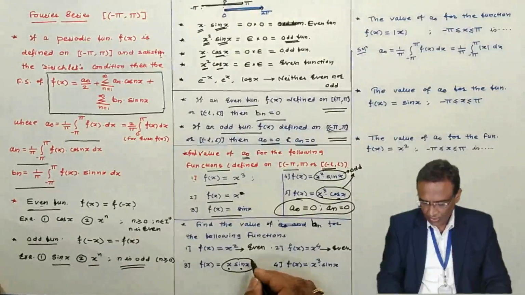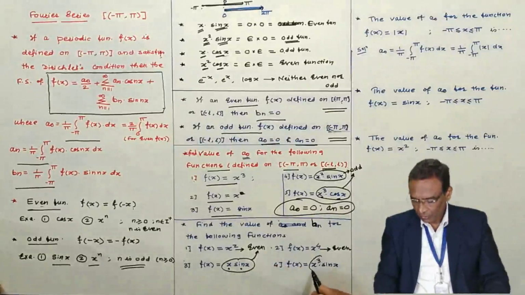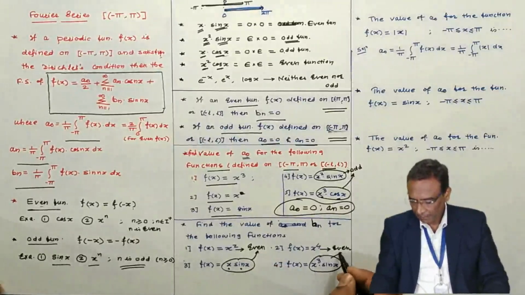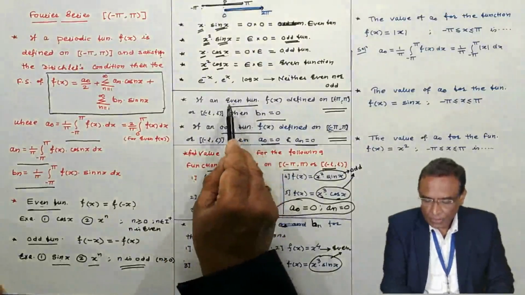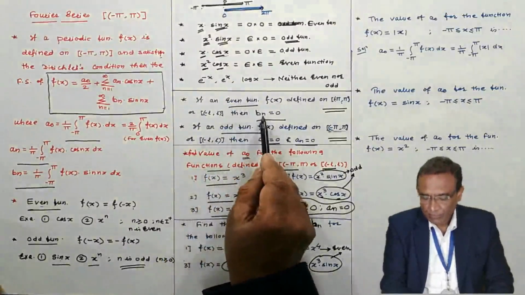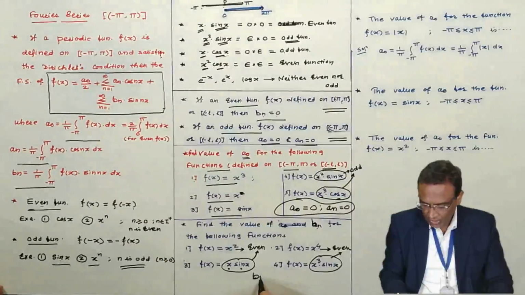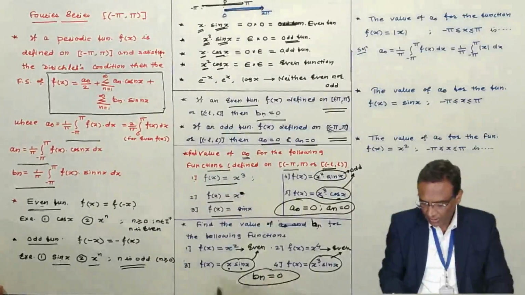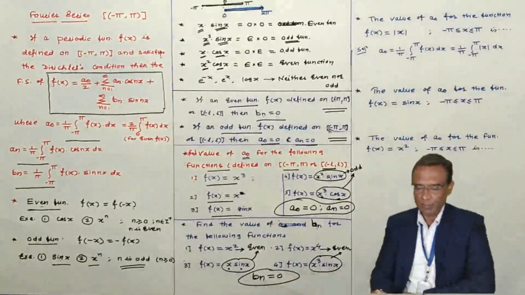This is also an even function. This is odd, this is odd. The product is an even function. When the function is an even function, the value of Bn is what? The value of Bn is 0. Here in all the cases, the value of Bn is 0. This type of small MCQ will be asked in the examination.